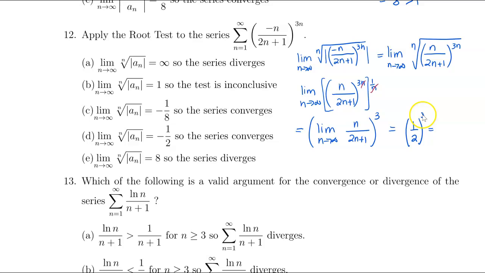So you have 1/2 cubed, and that is equal to 1/8. But there's no answer here. The answer should be positive 1/8. Sometimes there's an error. We make sure that on the test there's no error. So the answer here is actually 1/8.